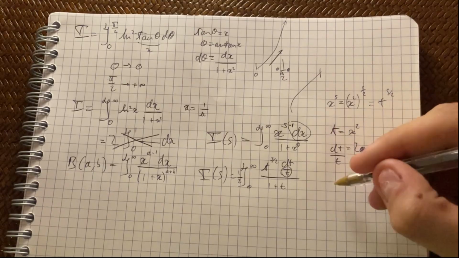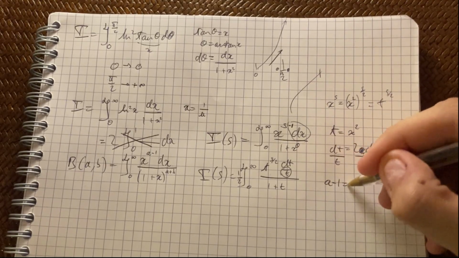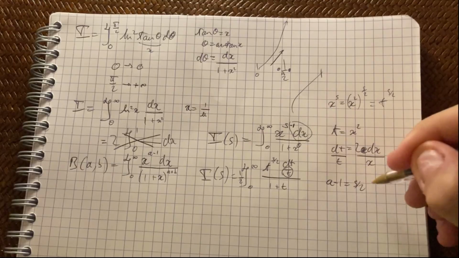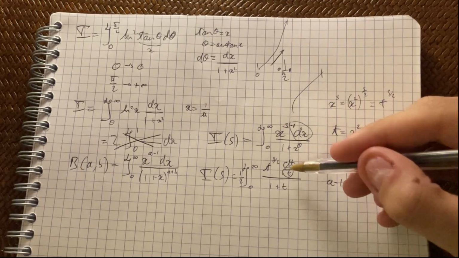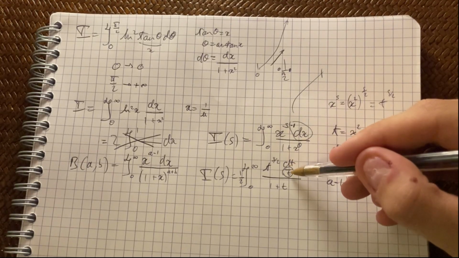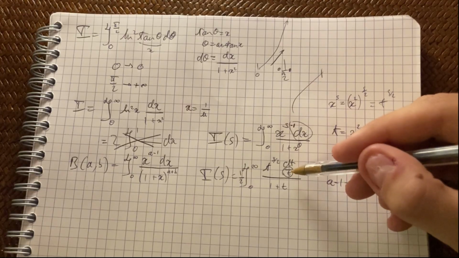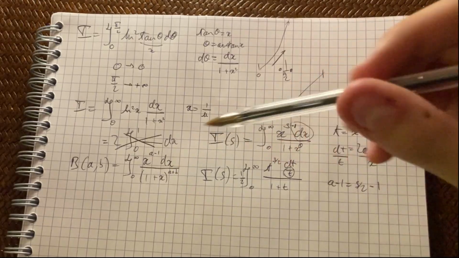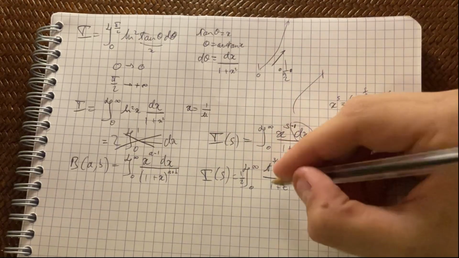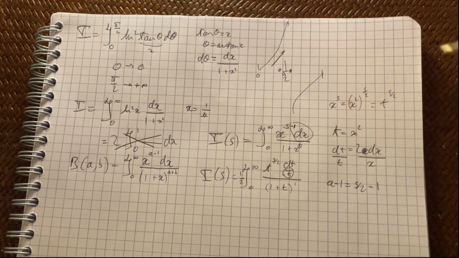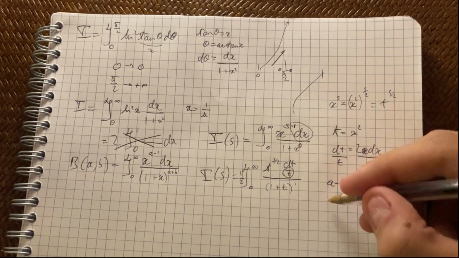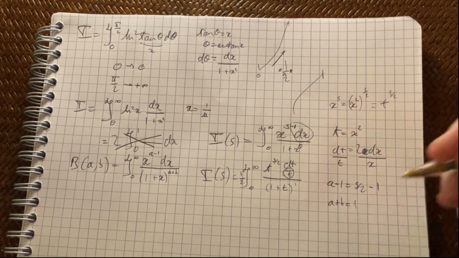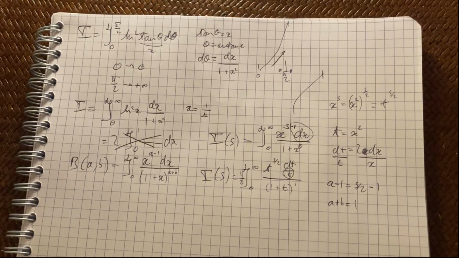We see that here a minus 1 equals s by 2 minus 1, because this divided by t is like an exponent, negative 1. And we have here the exponent a plus b, which is not seen, which means this is to the first power, so a plus b is nothing but 1. Well, this is a very easy system.